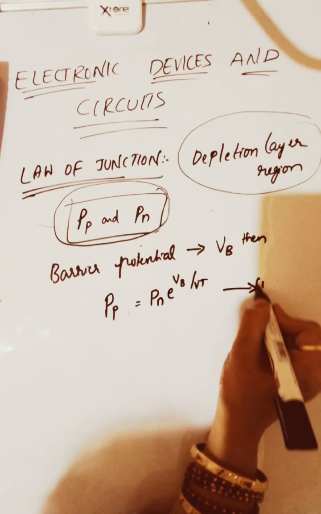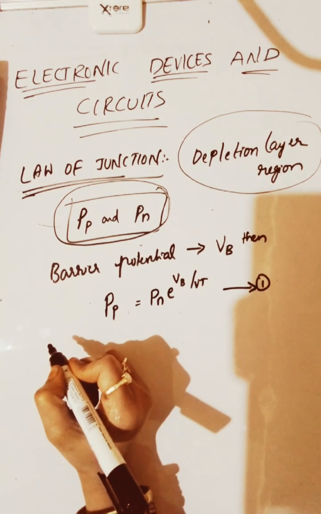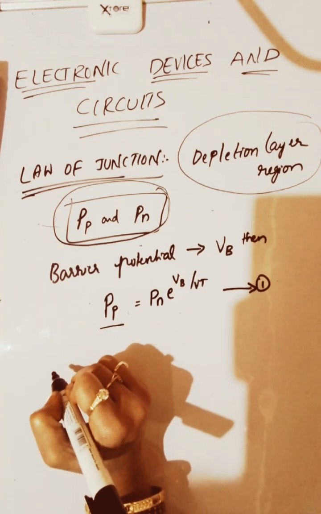This is equation 1. This is across the P type material.